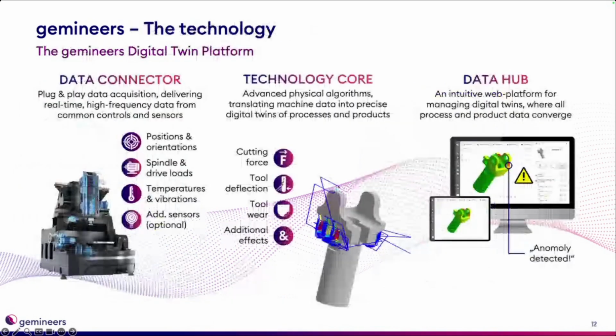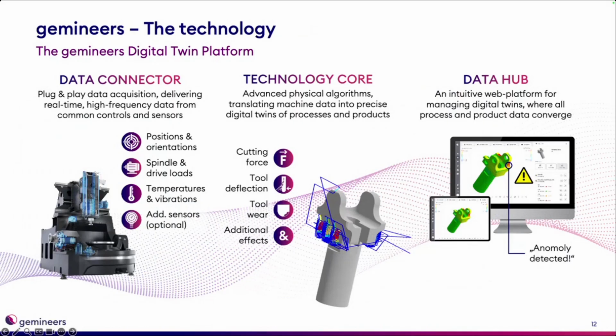And then what we do with this data, so I just showed the data connector, then our USP comes in. This is what we call the technology core. Because just using data and displaying it is just one thing. It's not easy, but it's the easier thing.